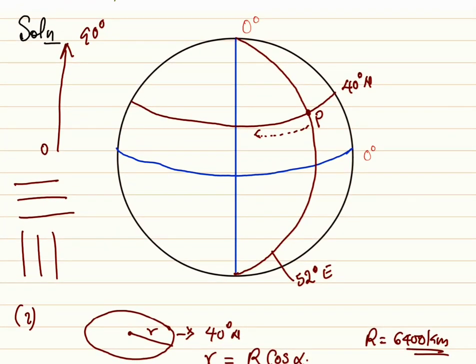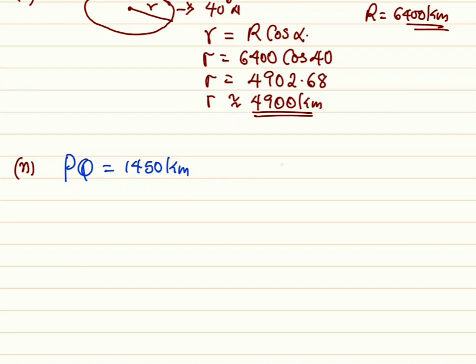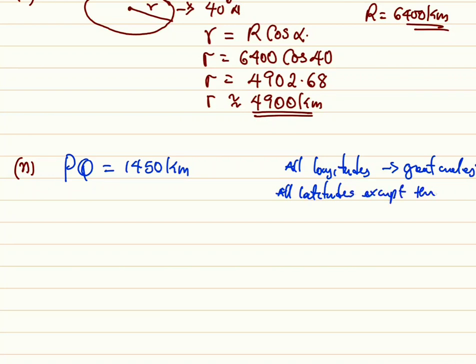It's not a great circle, all right? Great circles are circles that divide the earth into two equal parts. So all lines of longitude are great circles, okay? All longitudes are great circles. Then, except the equator, all latitudes are known or referred to as parallels of latitude, and their radii vary.